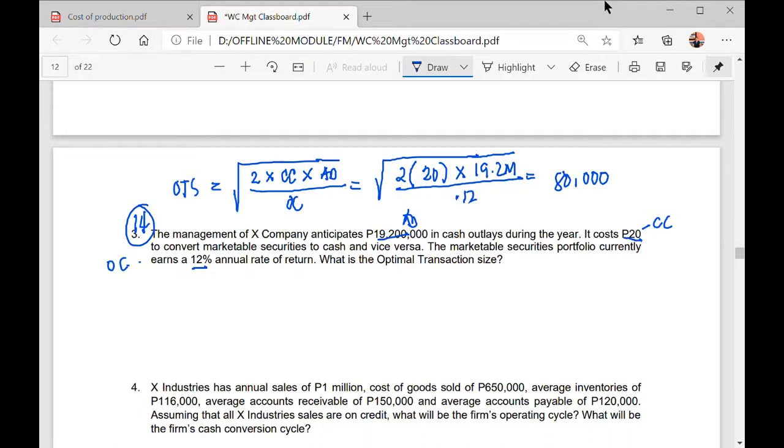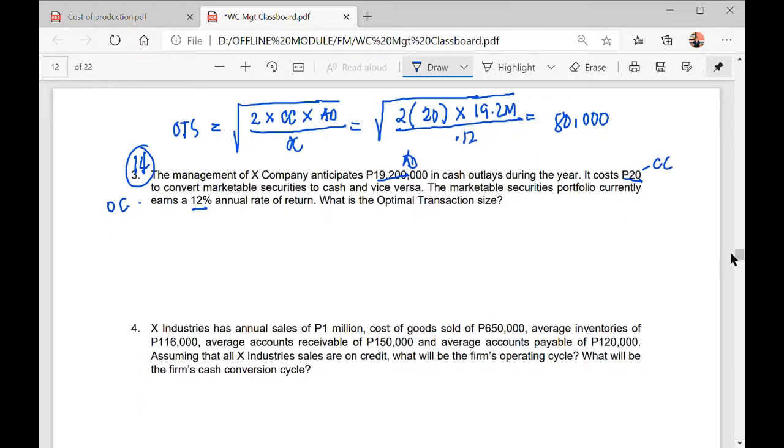If you're using ordinary calculator, mahutdan mo sa zeros. So ang inyong phone pod na calculator, makompyuter na siya. You use the more scientific option sa inyong cellphone calculator. Okay?